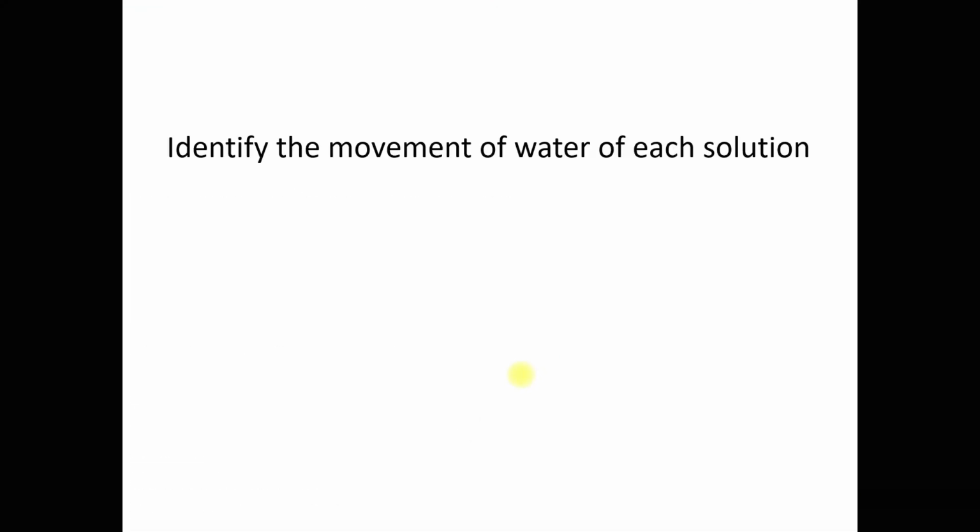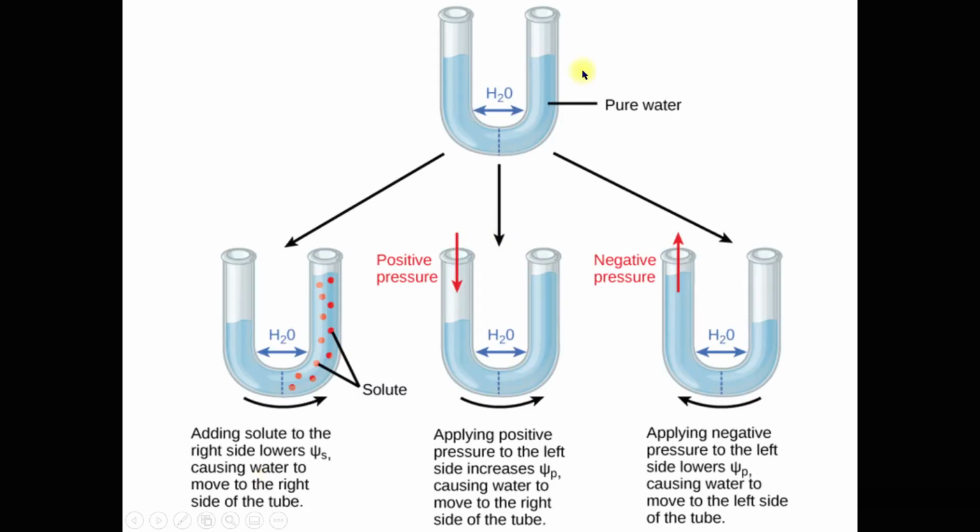Now, a quick recap. Identify the movement of water in each solution. This is a U-tube that has pure water. So the water potential of this water in the U-tube will be 0 Pascal. Right? Now when we add solute to the right arm of the tube, these dots represent a semi-permeable membrane.